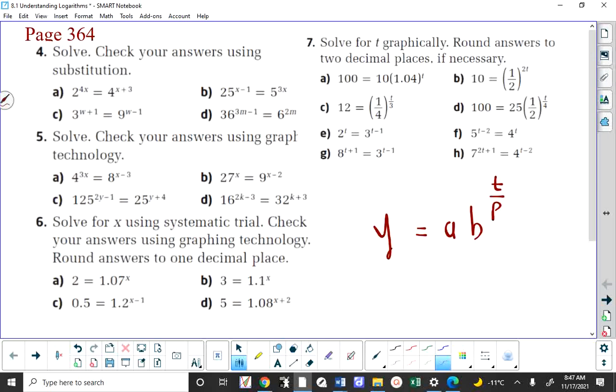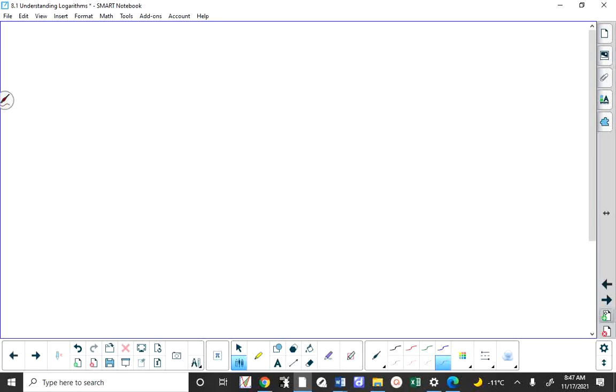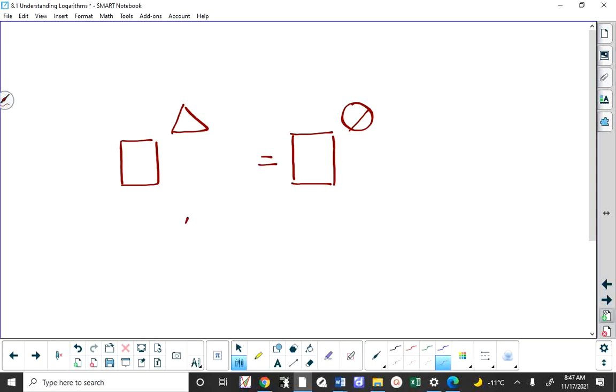Essentially, if you can manipulate the equation to get a base raised to some expression of x equal to the same base raised to an apparently different expression of x, then you can put those two exponents together. I said apparently different expression in terms of x, because really they're equal. They have to be equal if the bases are equal.